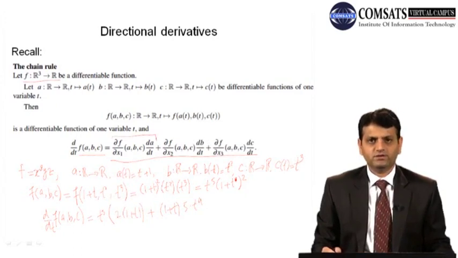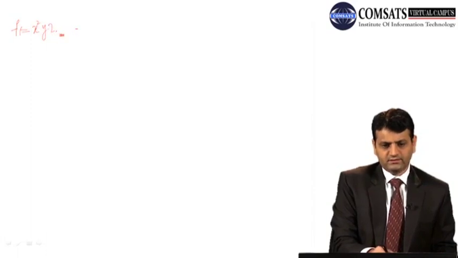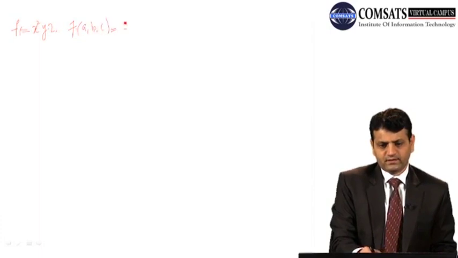So we can also use the chain rule to calculate d by dt of f of a, b, c. So in this case we have f equal to x square y z, and f of a, b, c equals 1 plus t square, t square and t cube.